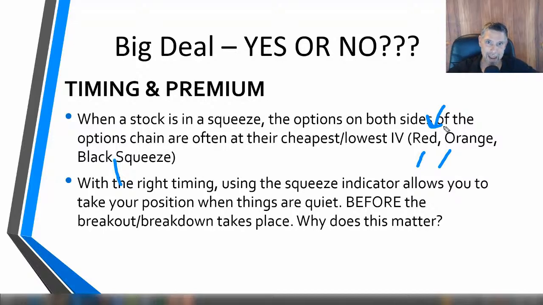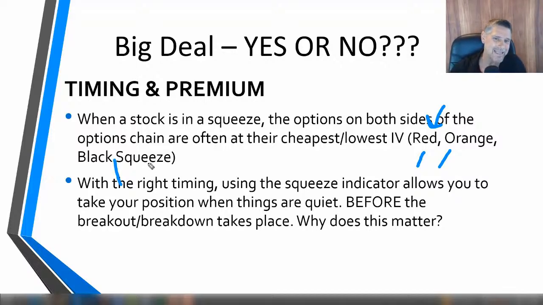It's that rubber band is getting tighter and tighter and tighter. Now, orange, for those of you that have the Squeeze Pro, it's at its tightest. So that is when the options are at their cheapest. So if you wait for that orange dot, you can pick up the premiums at even cheaper.